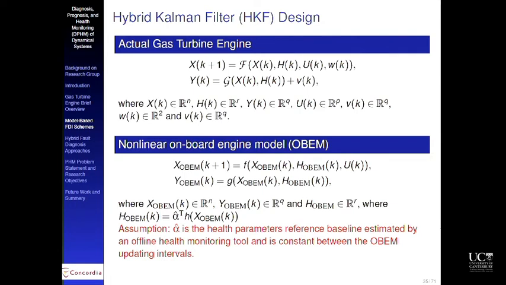The effect of the degradations that takes place in the system is represented by this quantity h, which is essentially a function of nonlinearities of the system and some parameters, which we call health parameters. So the health parameters are those mass flow rate and efficiencies that I showed in the previous slide. They represent the health condition of the process. So what we are trying to do is actually estimate these health conditions.